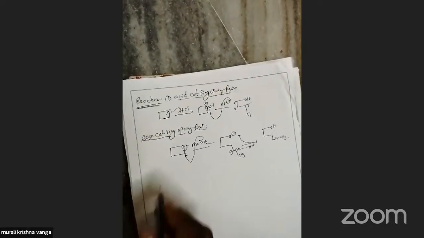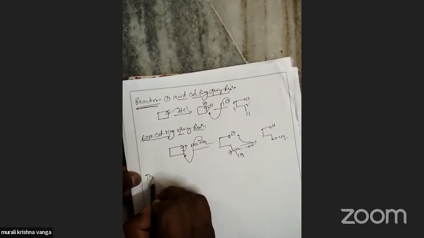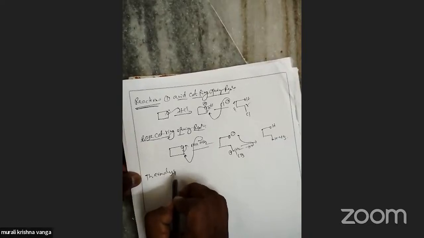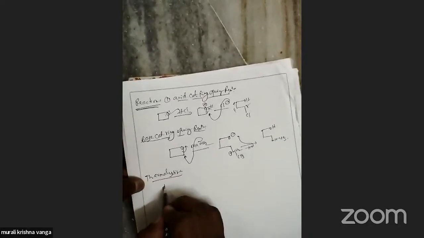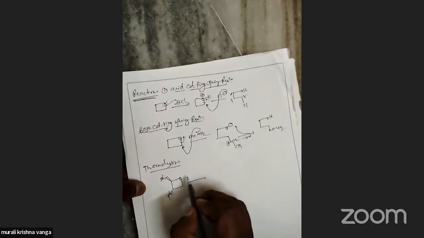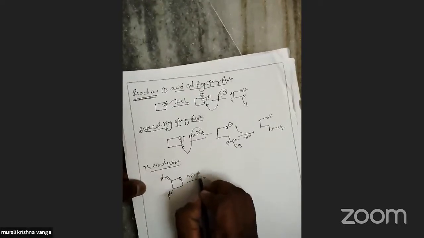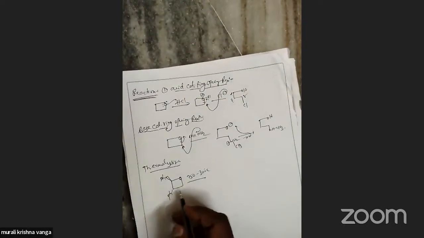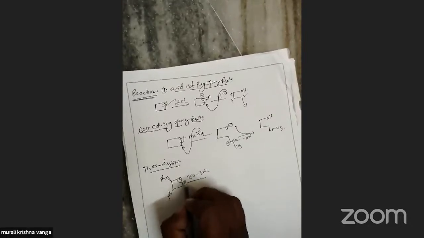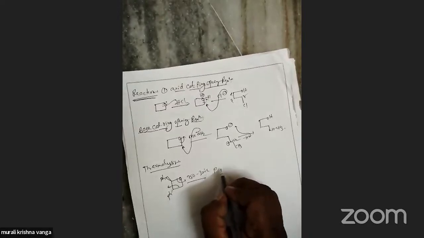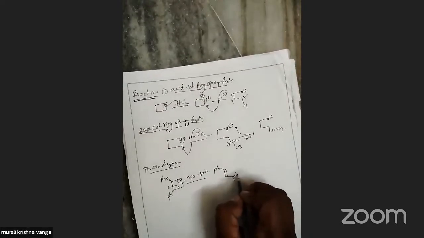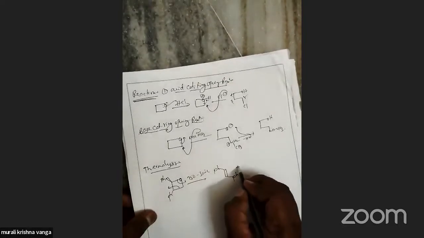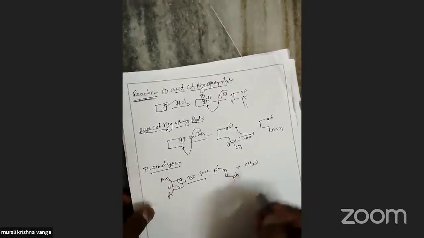Next, thermolysis or thermal reaction. In thermolysis at 250 to 300 degrees Celsius, the ring opens. The products are the E phenyl trans compound and formaldehyde.